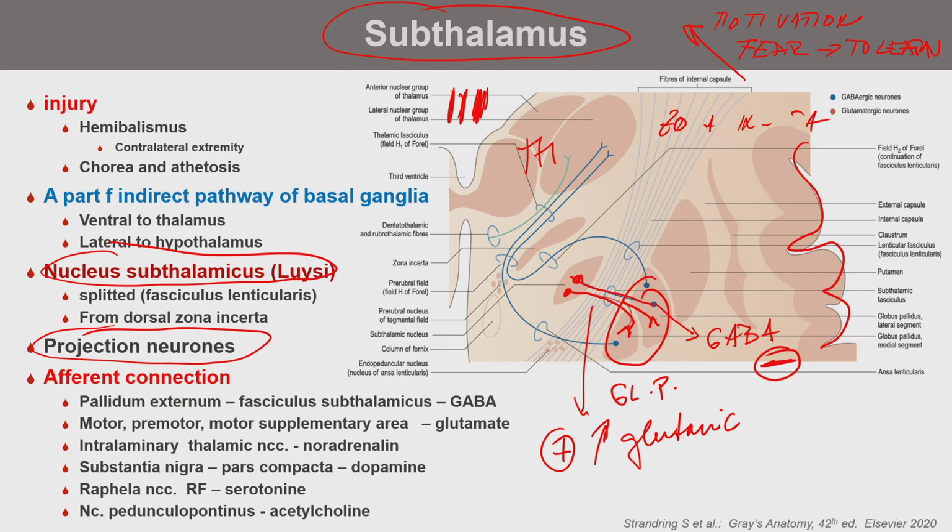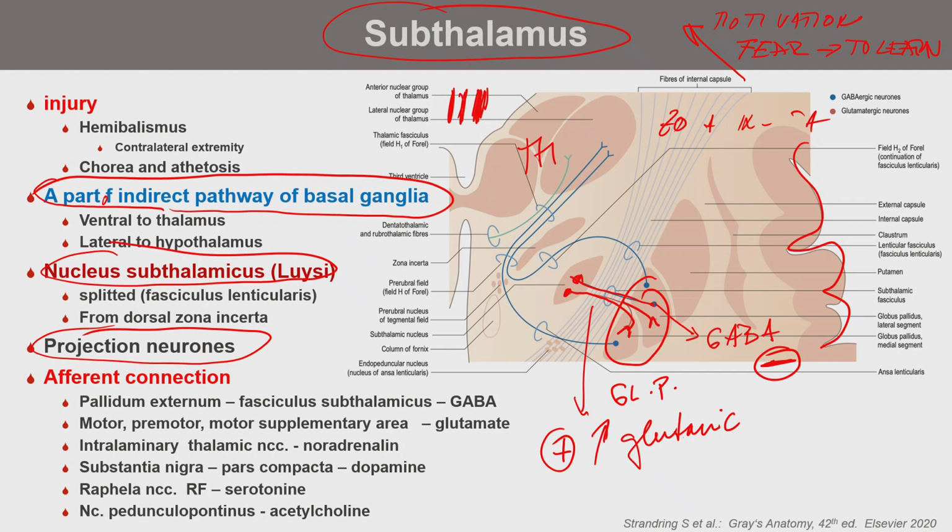And it's important that it is incorporated into the indirect pathway of basal ganglia. This close functional relation with globus pallidus is because they are developing in the diencephalon.